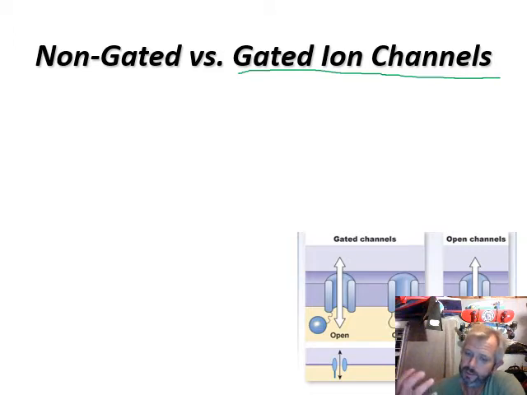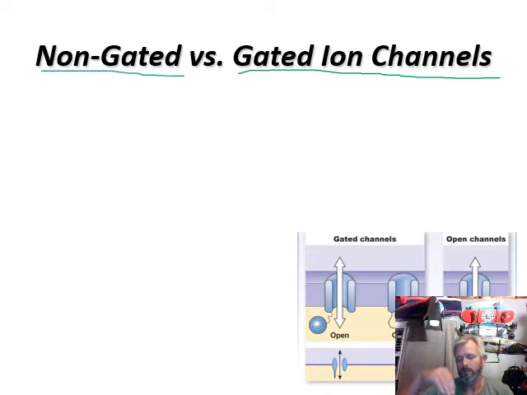Okay, we see the resting membrane potential. The resting membrane potential is set up by those leaky channels. Leaky channels are non-gated. They are always open, so they're always allowing potassium out and sodium in. The key is, remember, there are more non-gated potassium leak channels compared to sodium.